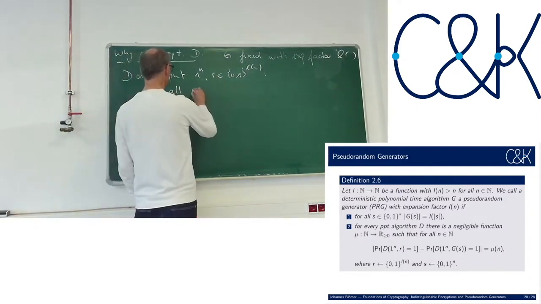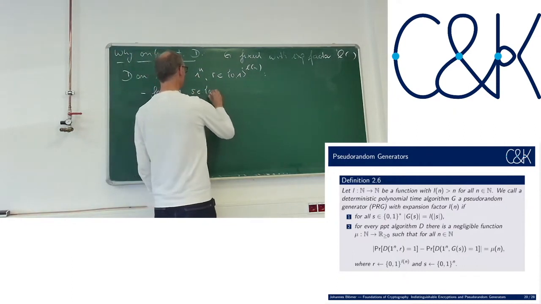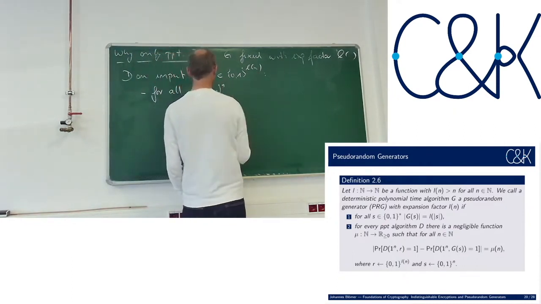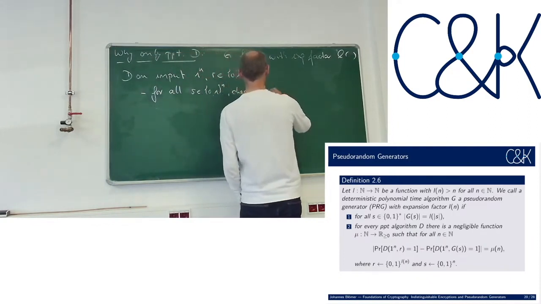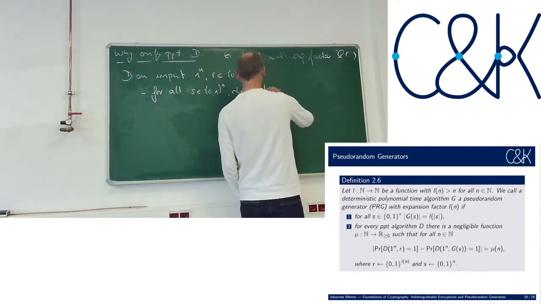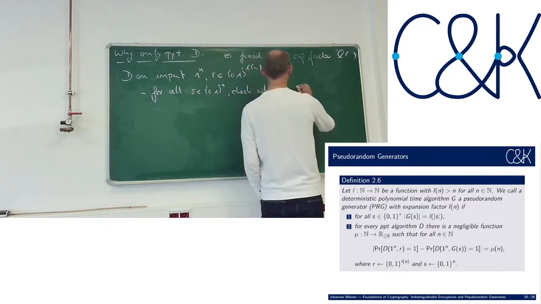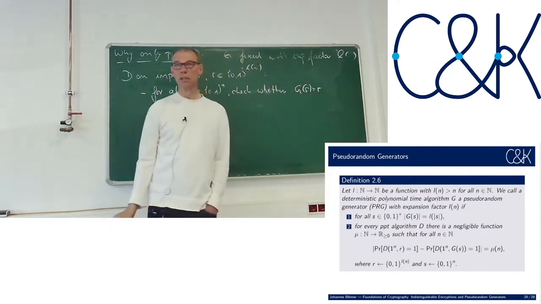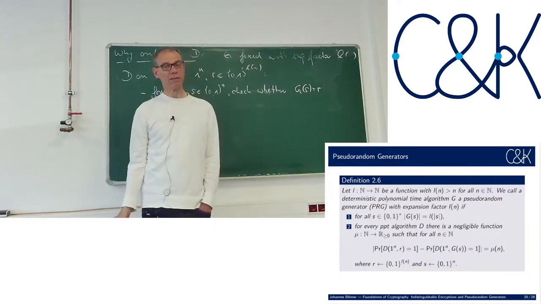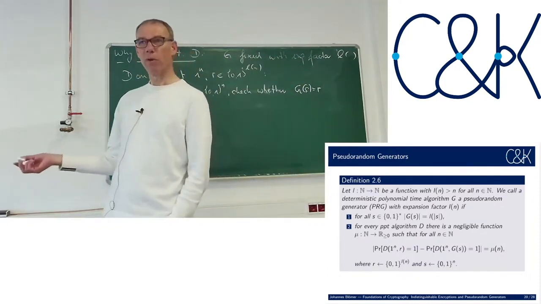What it does is, for all s in 0,1 to the n, check whether g of s is equal to r. I try all of them, all s.